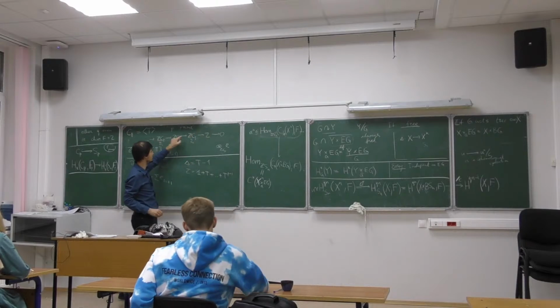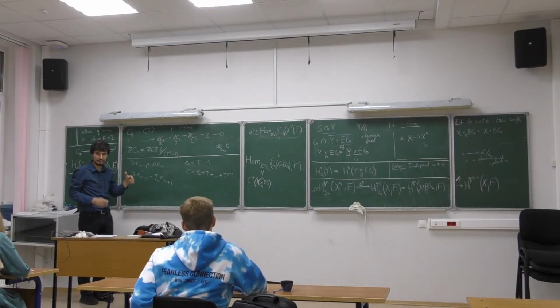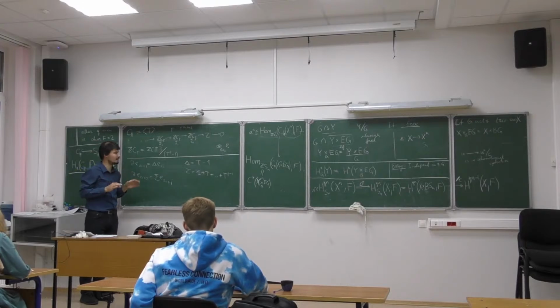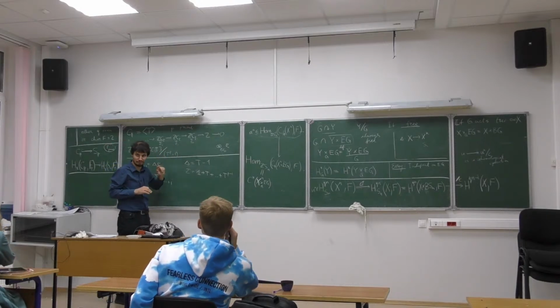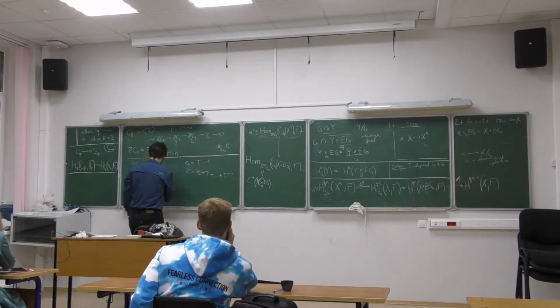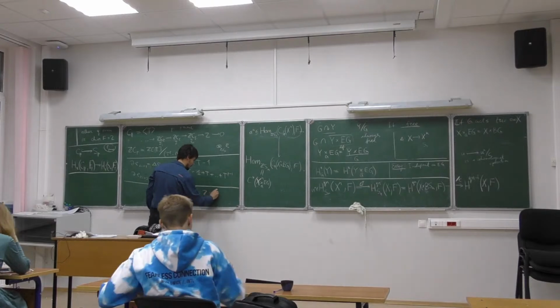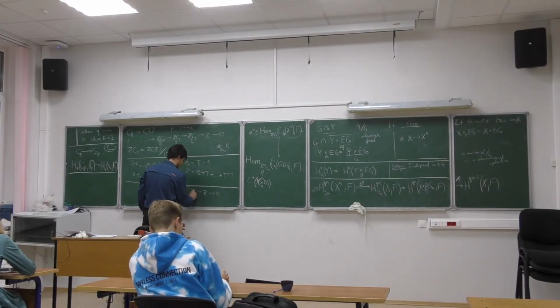I get Z in every position. And these Z's are, with some misuse of notation, I use the same E0, E1, and so on for denoting the generators of these Z's.